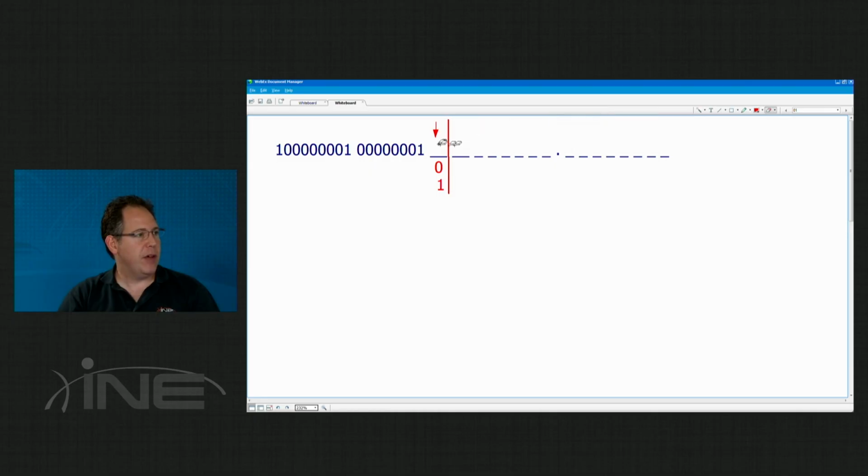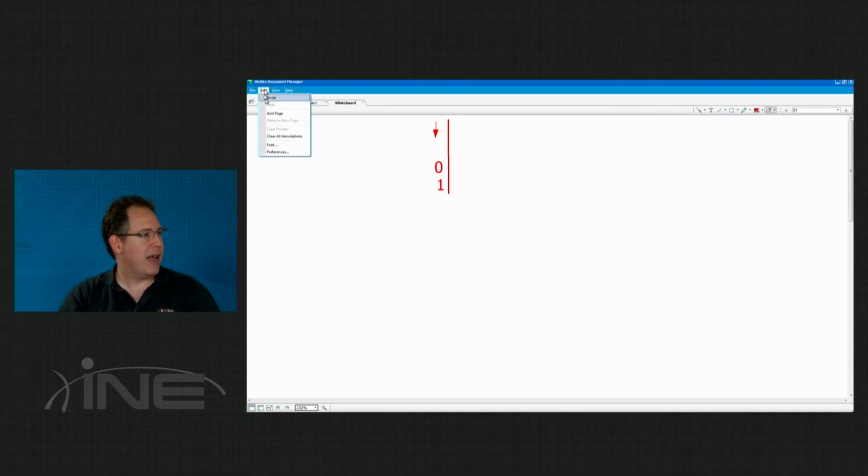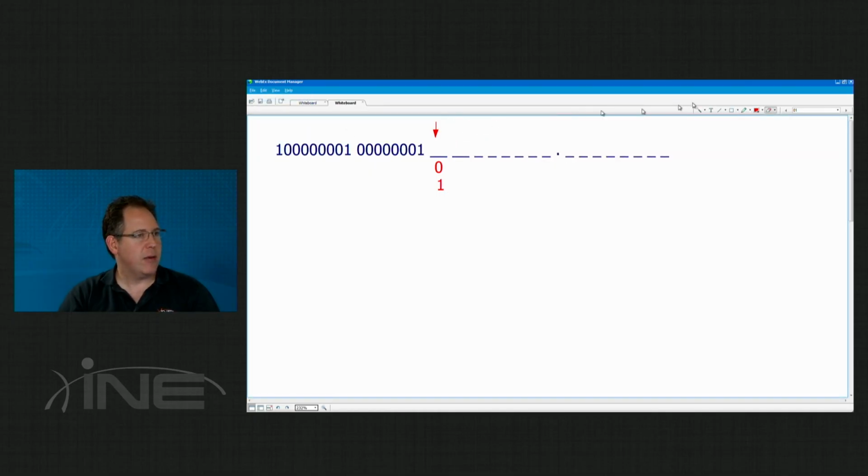Let's say I move that line and take 2 of my host bits. Now what can I have? I can have one broadcast domain that ends with 00, another one that ends with 01, another that ends with 10, and another that ends with 11.